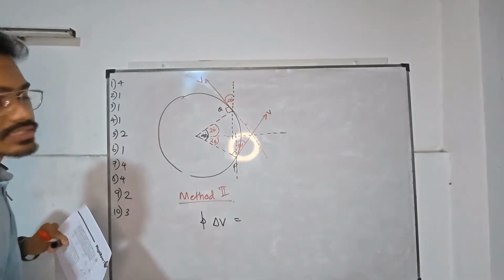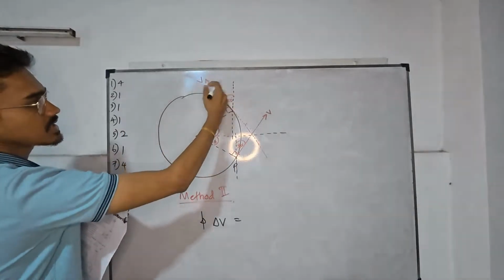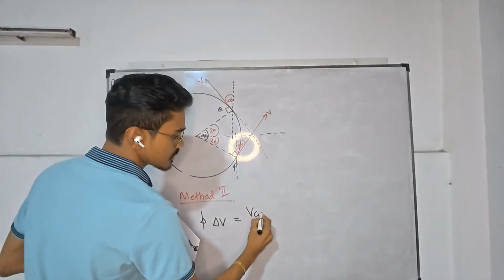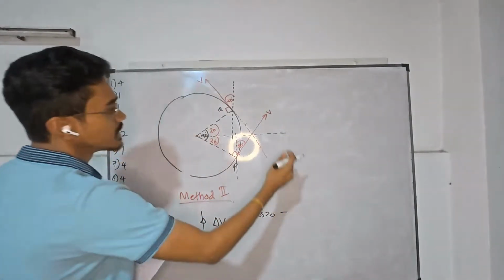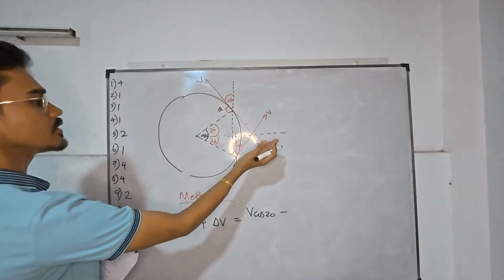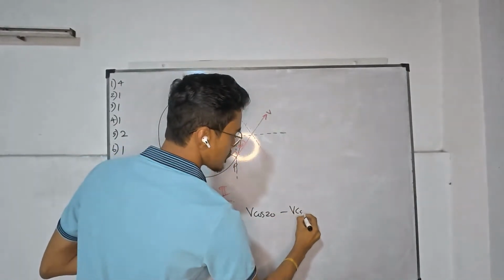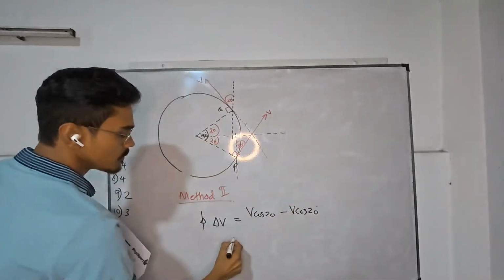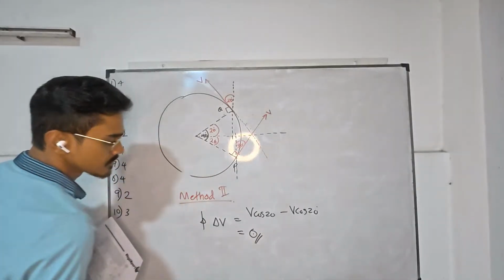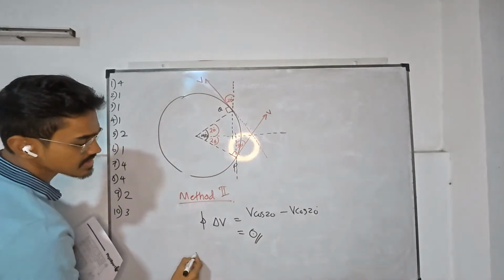Vertical delta V: the final vertical component is V cos 20 minus the initial component, which is also V cos 20. So therefore, the vertical change is 0. Then horizontal change.